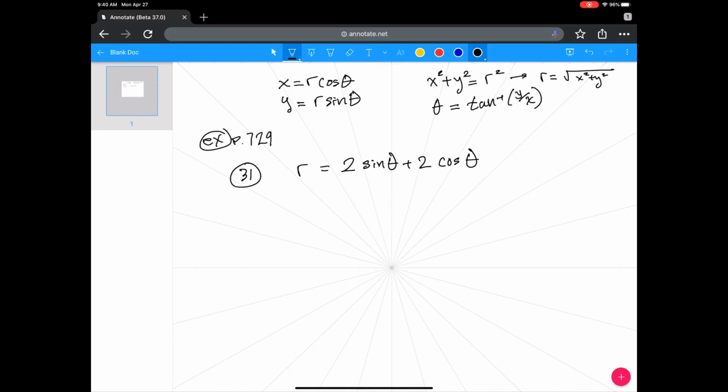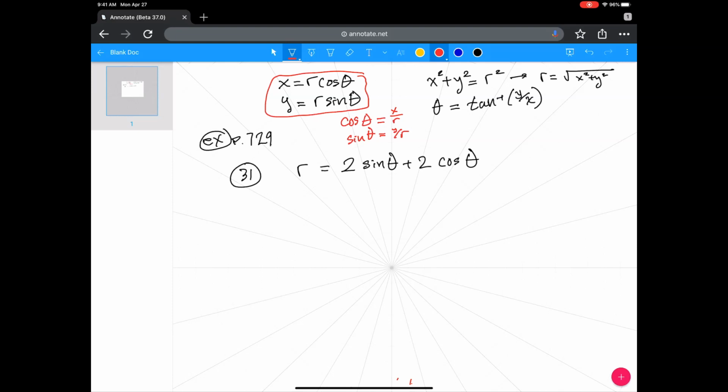If you have sine or cosine, then you're probably going to want to use these up here to convert in terms of x and y. Real quick, I can solve these for sine or cosine. Cosine theta, if I divide both sides by r, would be the same as x over r, and sine theta, similarly, would be the same as y over r.